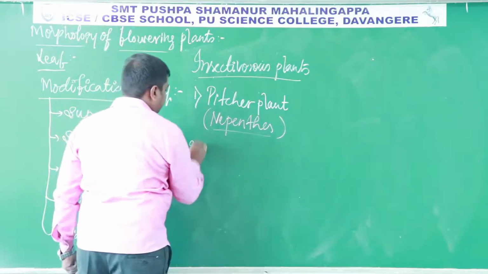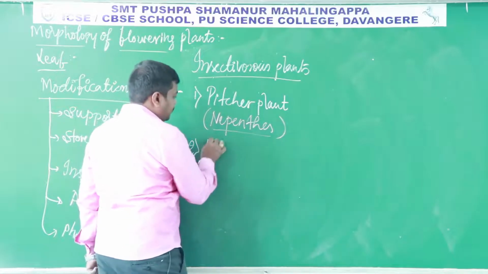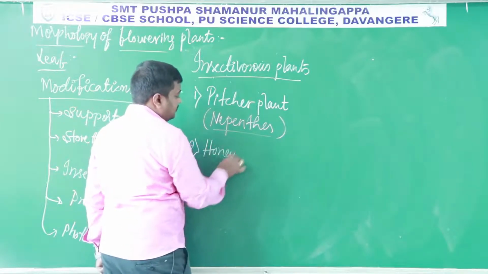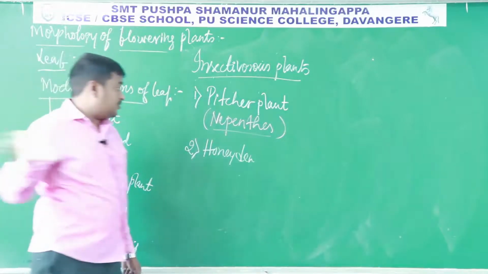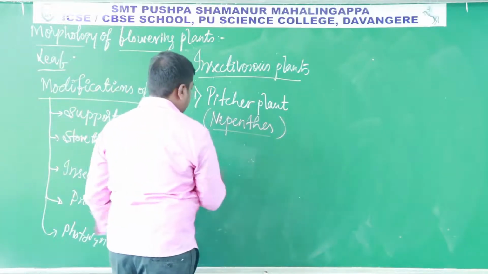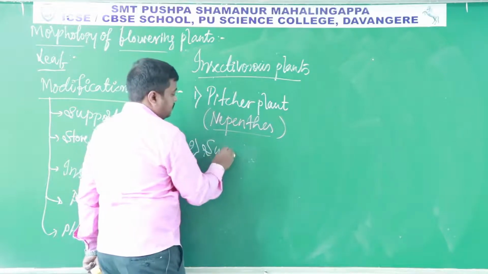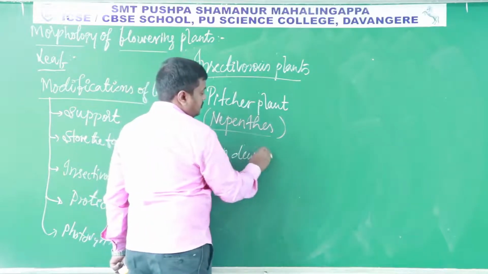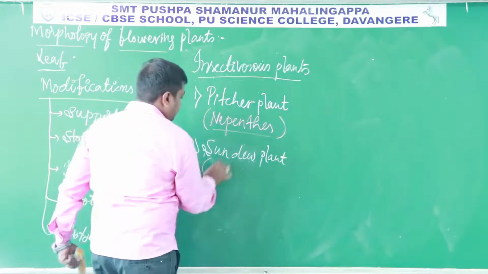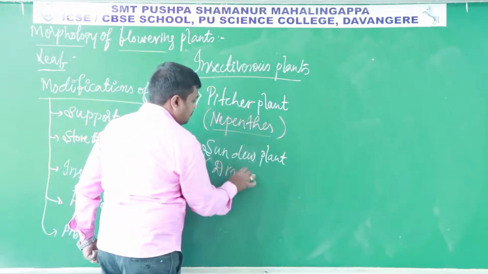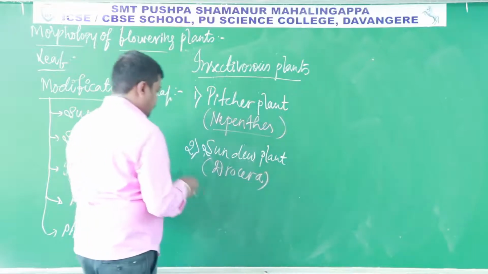Then honeydew plant. Sundew plants. Sundew plants. Sundew plant. We call this Drosera. Drosera.